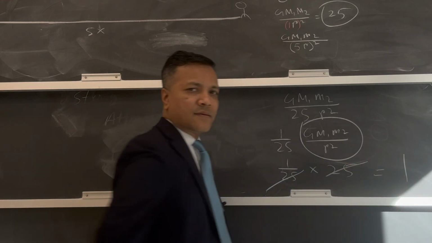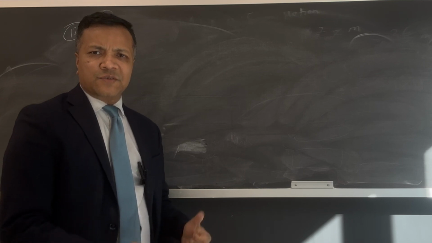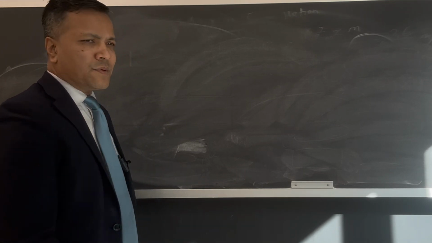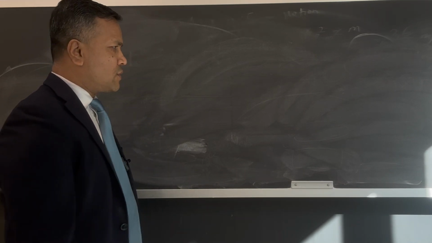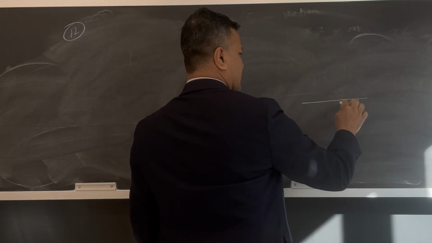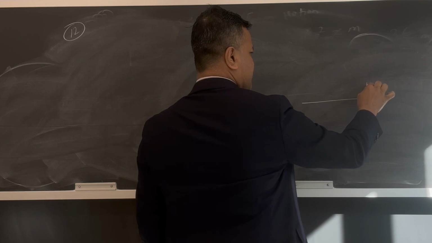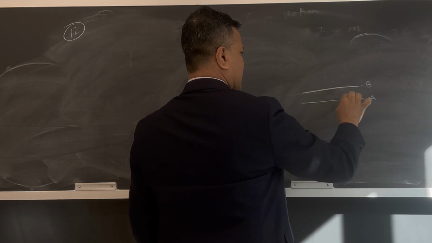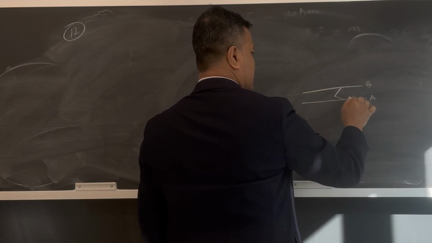Now you're going to be crouching to jump up. To jump up, you need to crouch. So let's say you crouch from A to B for 0.1 meters.